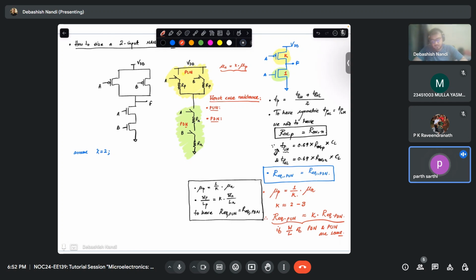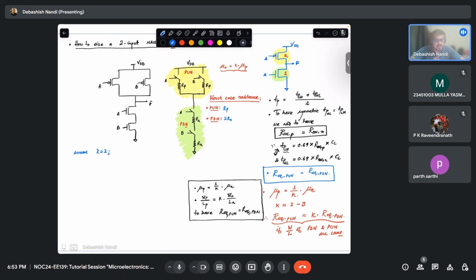Rp for pull-up network and 2Rn for pull-down network. Why do you say so? It is correct. First of all, why do you say so? For pull-up network, if any one is on, then the output should be pulled up. And what about if both are on?